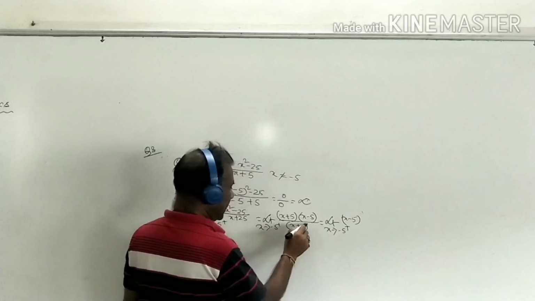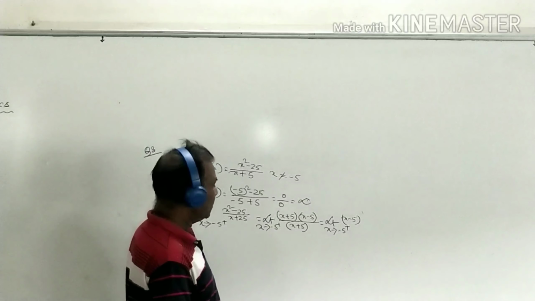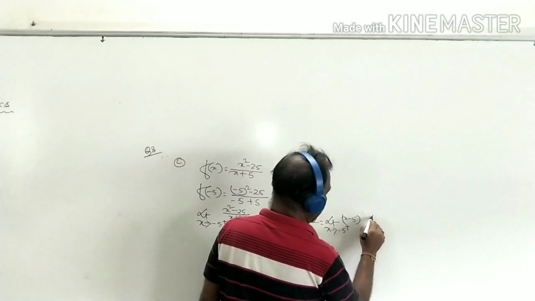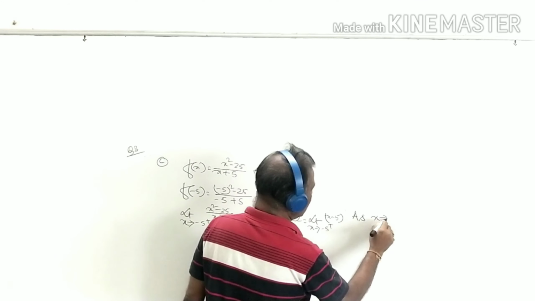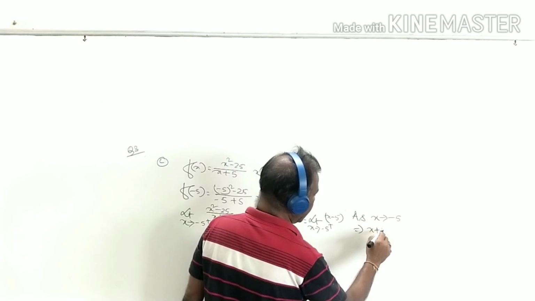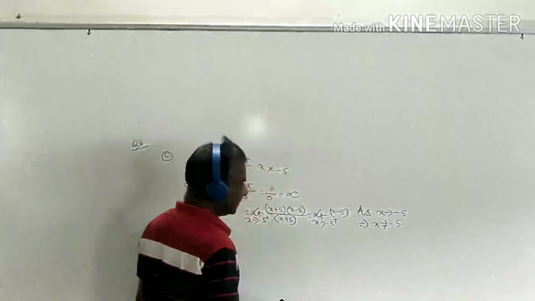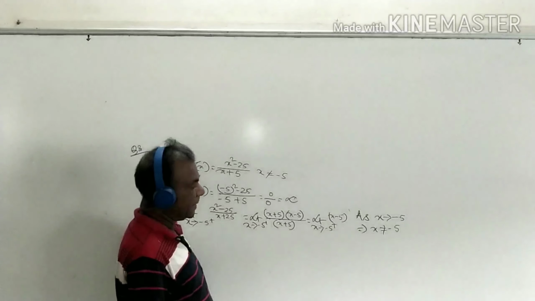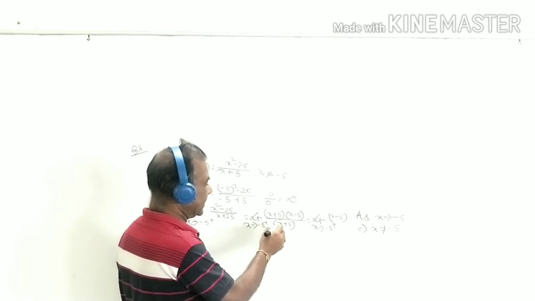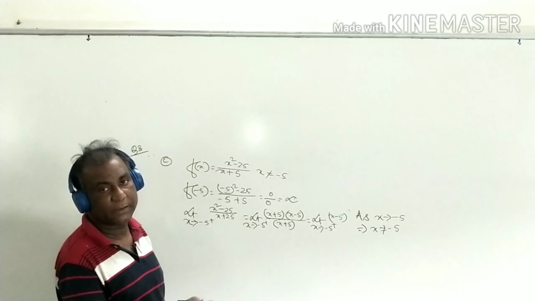We have cancelled x plus 5 with x plus 5, because x tends to minus 5 means x is not equal to minus 5, so we can cancel. Otherwise, 0 by 0 we are cancelling, which is impossible.